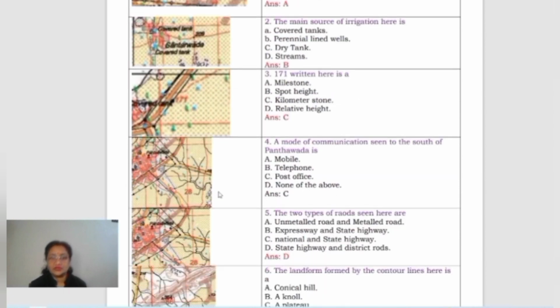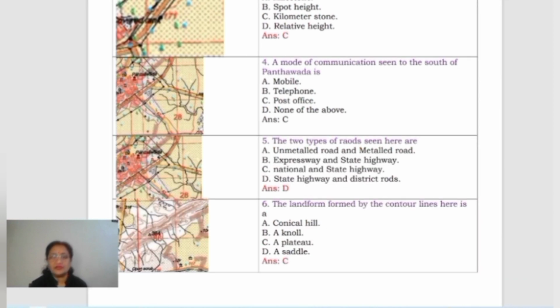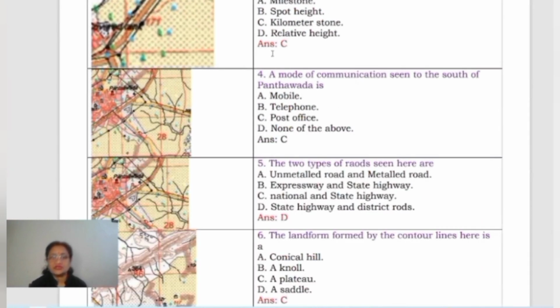Now come to the next one. A mode of communication seen to the south of Panthawada. You can see here, what is the mode of communication? If you remember, we have discussed it, just like the symbol of a post box, now we have the symbol of the post office.